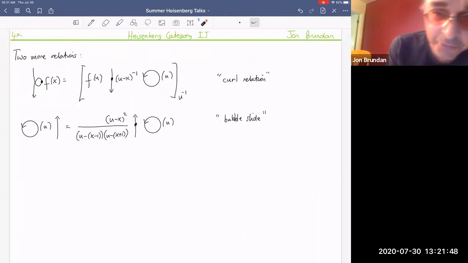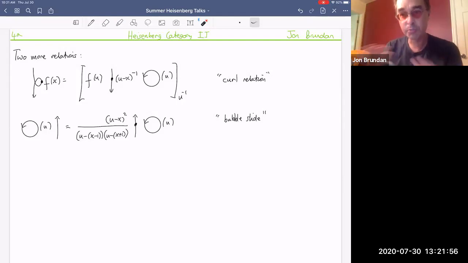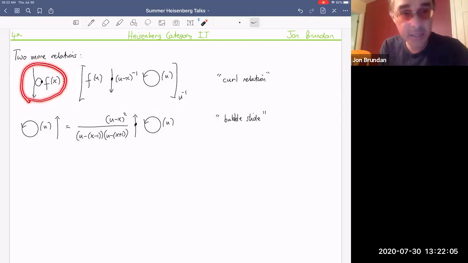Okay, so that's just a trick for manipulating these generating functions. So now I've got generating functions, I can start to write down some of the more important relations in this Heisenberg category. These were not my defining relations, but you just calculate, and these are consequences of the defining relations in the Heisenberg category. So the first one tells you how to expand a curl labeled by some polynomial number of dots.